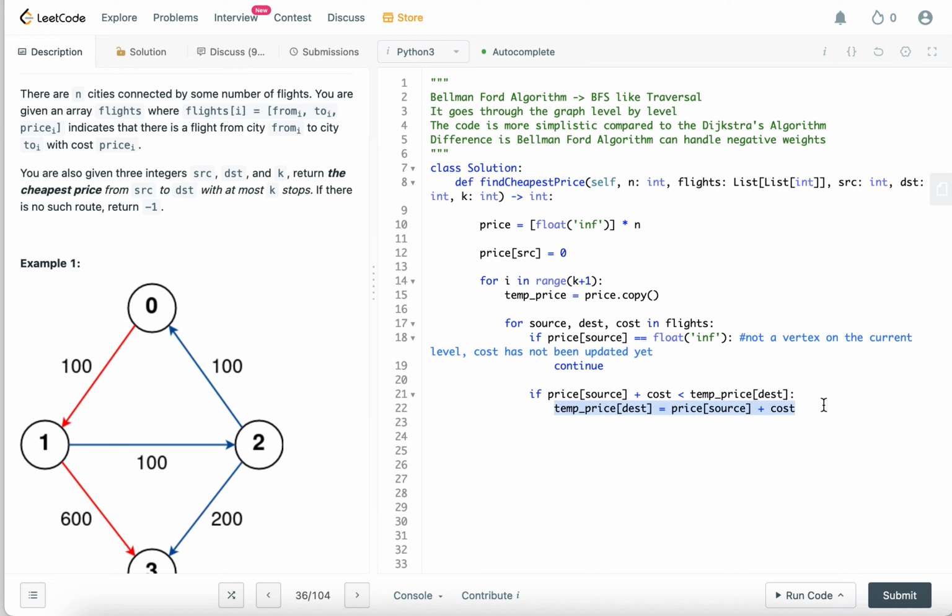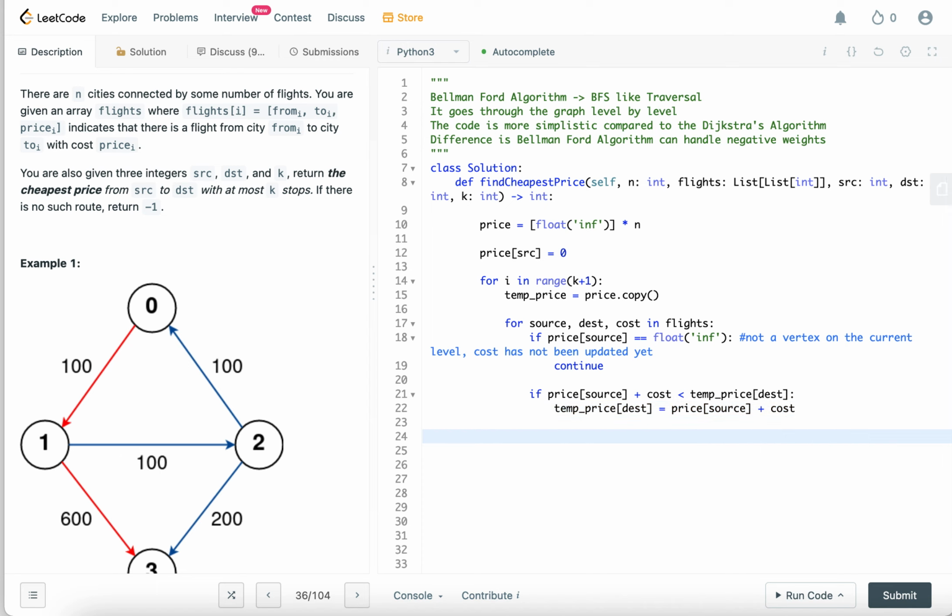So here we're just updating. If it's smaller, it either means it's still at infinity, or we found a cheaper route to that destination on our current level. So we just update it in our temp price list.